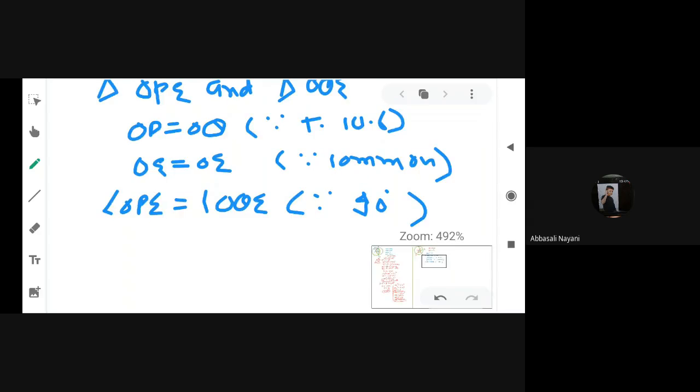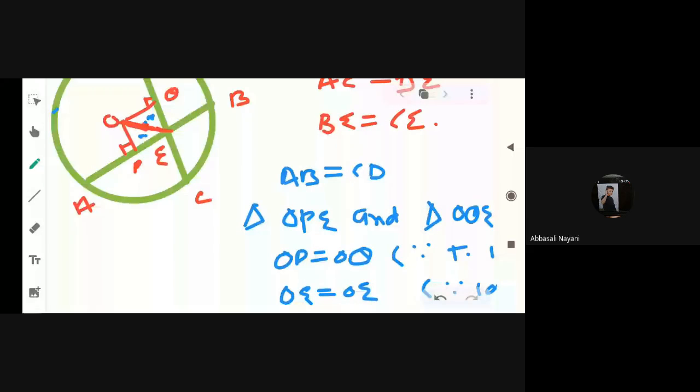Now we need help from chapter number 7, the triangles chapter. Please remember this thing. Whenever we did chapter number 7, I explained all this: how we do congruence of triangles.